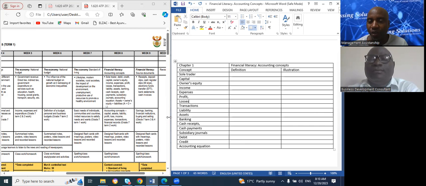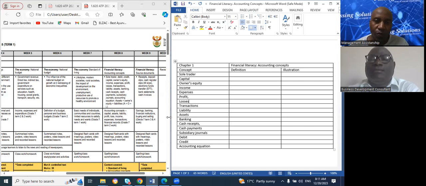And the content that is going to be developed must conform to that. But to empower both the educators and the learners, the content that is going to be prepared has to be very specific.